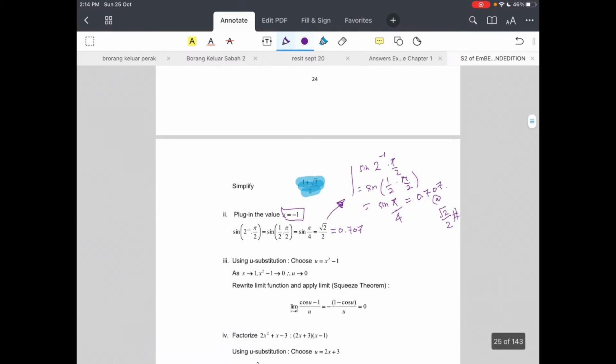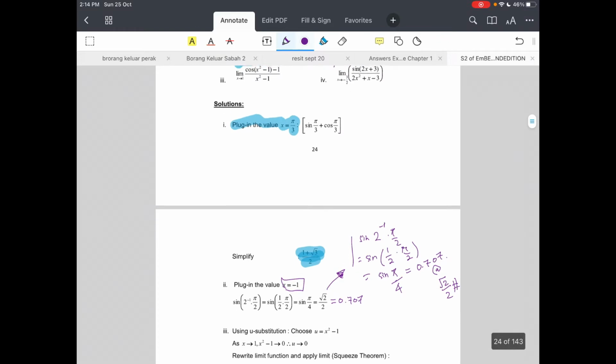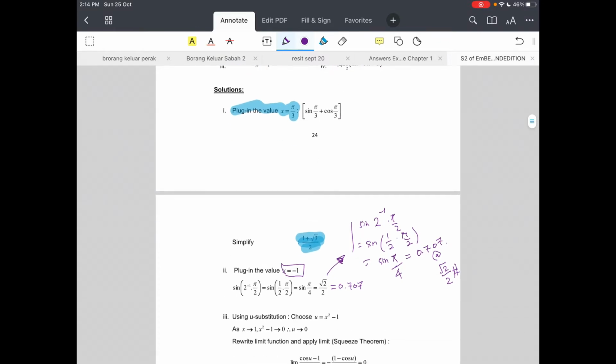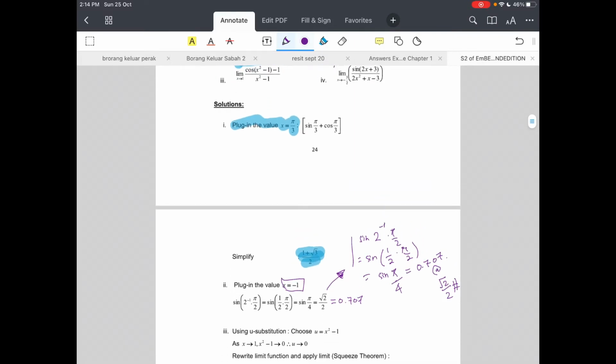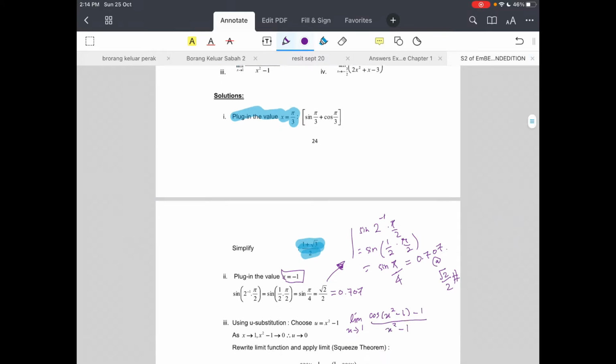Now for the next question, the third Roman here, I'll write down the question so that I don't need to scroll up and down. The limit as x approaches 1 of cos of (x squared minus 1) over x squared minus 1.